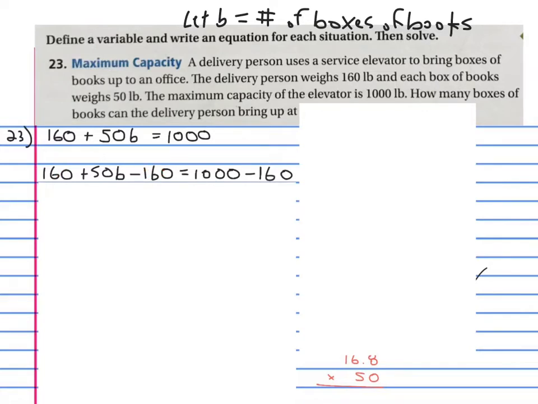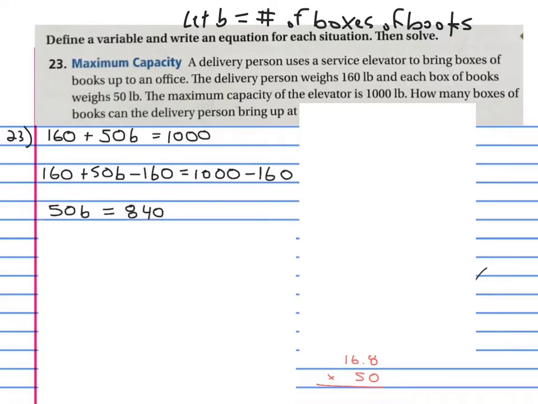Those two will cancel out. And if I do it to one side, I have to do it to the other, so I write the original 1,000, and then minus 160 from both sides. Now, simplifying that, the 160s cancel out to leave you just 50b, and 1,000 minus 160 is 840.